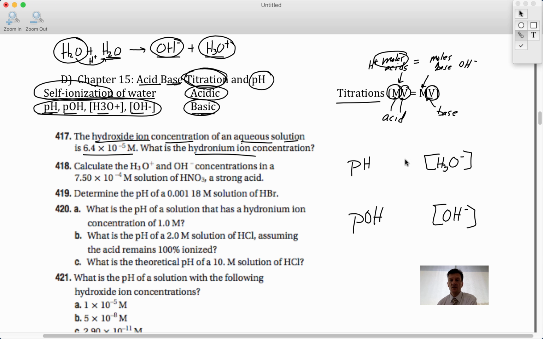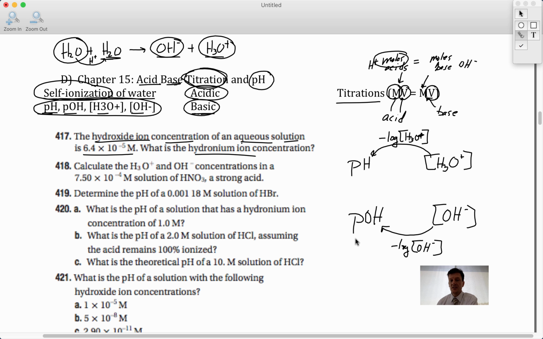If you have the concentration of something, to go to pH, you would take the negative log of that concentration. Oh, sorry, that is actually a plus there, my fault. Okay? So, same thing down here. If you know the concentration of hydroxide, you would take the negative log of that to get the pOH.